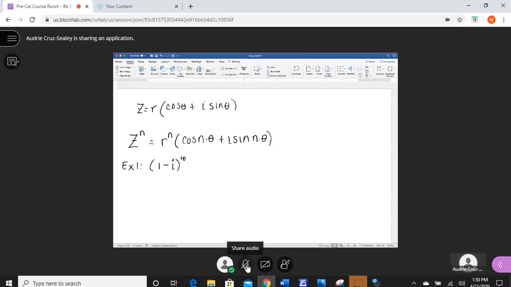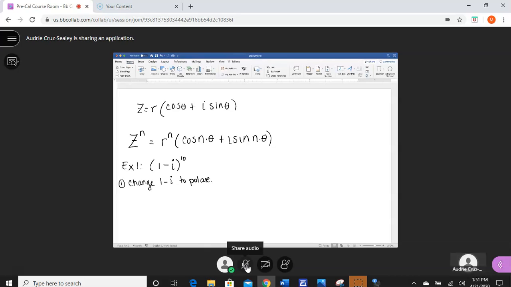And remember, you only have a 2-hour test. So doing it that way is not effective. It's really long and not effective. So when you get to this point, you're like, oh, let me go ahead and change it to polar form. It is easier to work in polar form than in complex form. So the first thing that you have to do is change 1 minus i to polar.